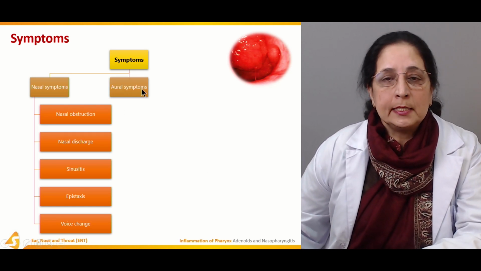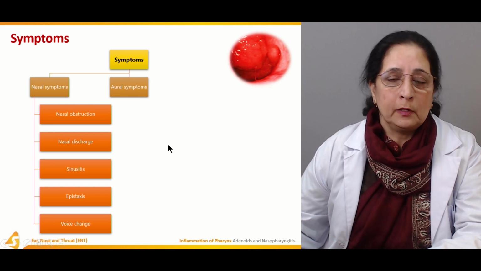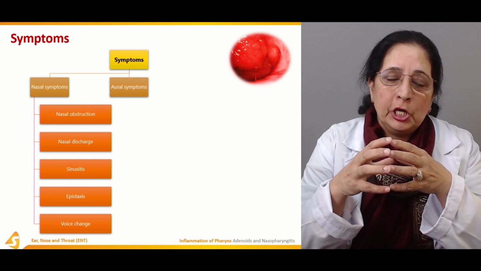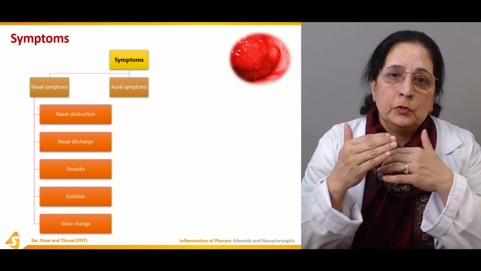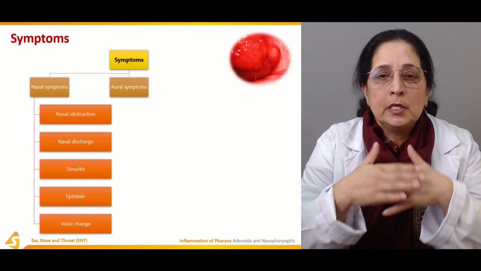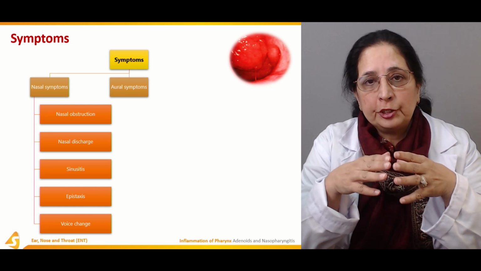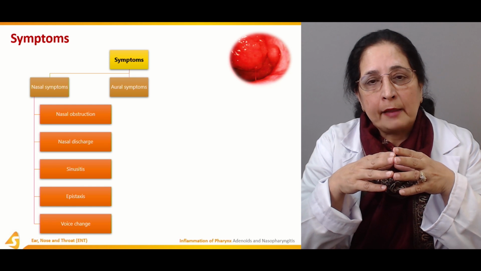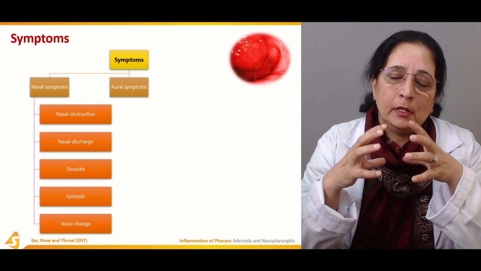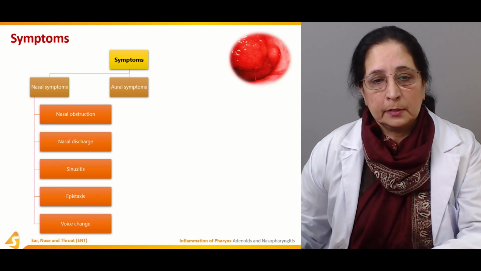Then the ear symptoms, because if you notice, I mentioned that the adenoid location is very close to the eustachian tube also. And this eustachian tube is responsible for maintaining the air pressure in the middle ear cavity. So swelling of the adenoids puts pressure on the eustachian tube, and this can in turn lead to ear symptoms also.